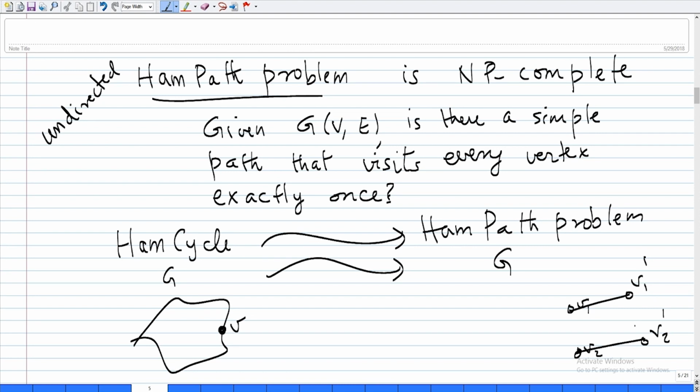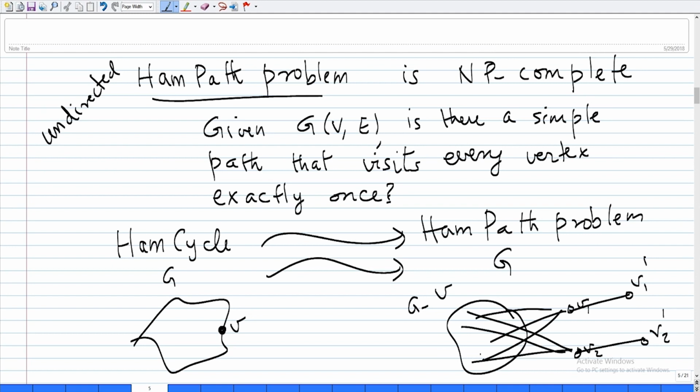Now, how does the rest of the graph look like? So this is my G minus V, right? Because I've deleted V from here and I made 2 copies. And V1 and V2 will be adjacent to whatever V was adjacent to. Now that's my G prime.